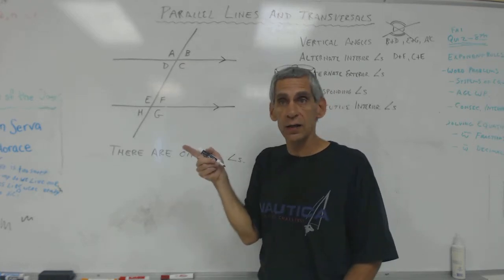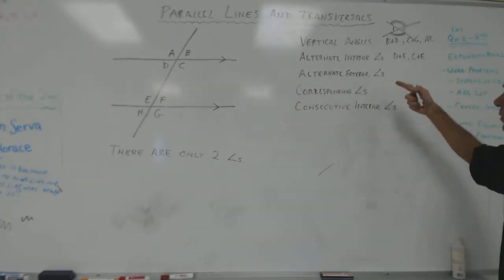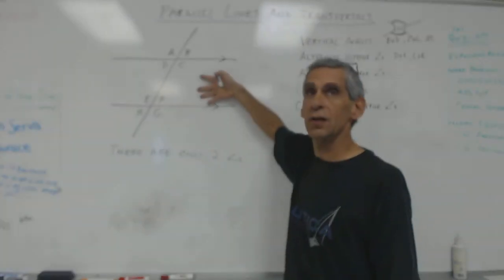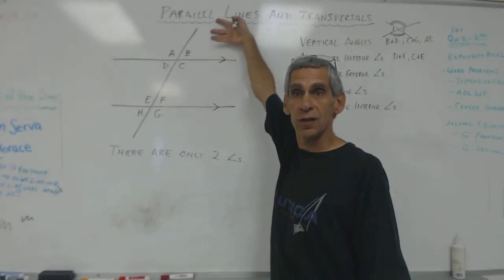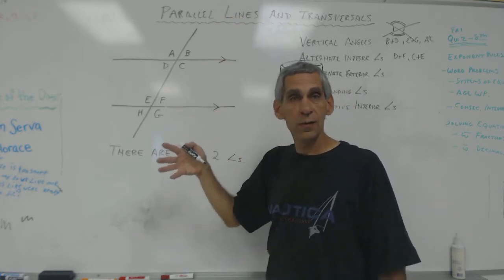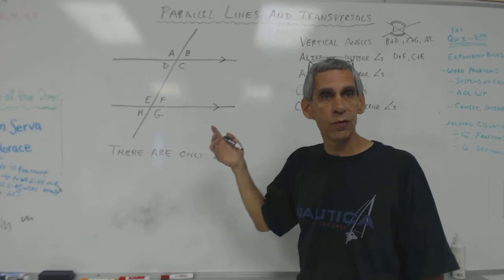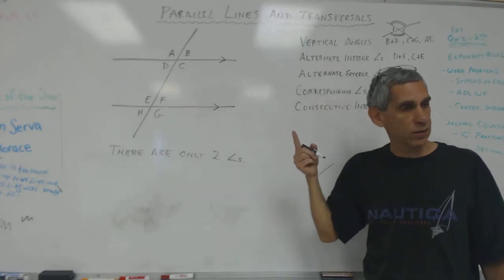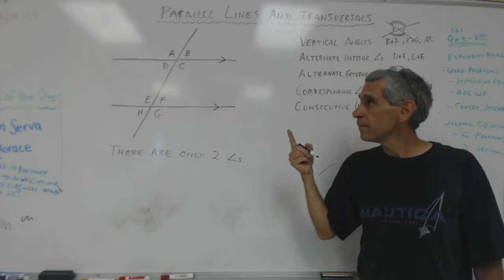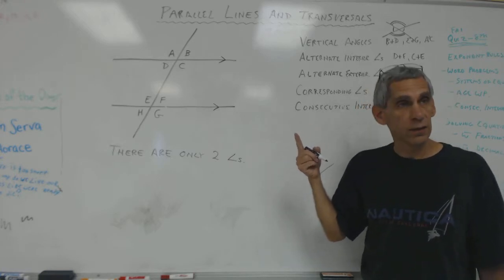That's it. Okay, so now let's talk about alternate exterior. We already know exterior is outside the parallel lines. Now, what do they mean by alternate? Give me an example of what you think would be an alternate exterior. Gideon, A and G. Bullseye.